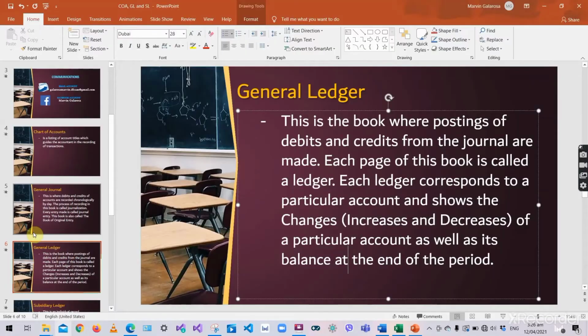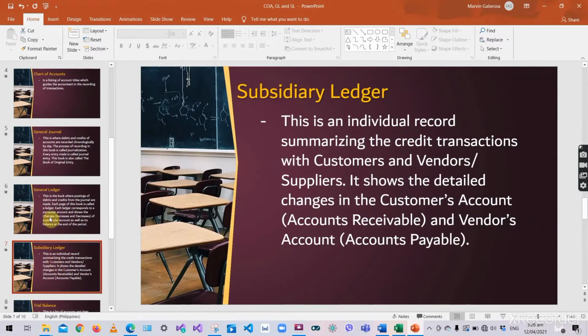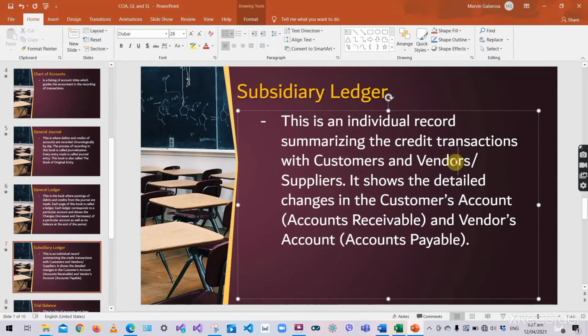Subsidiary Ledger. This is an individual record summarizing the credit transactions with customers and vendors or suppliers. It shows the detailed changes in the customer's account, referring to accounts receivable, ito yung na-discuss natin, and vendor's account, accounts payable. Ito naman yung katapat ng accounts receivable, yung opposite niya.